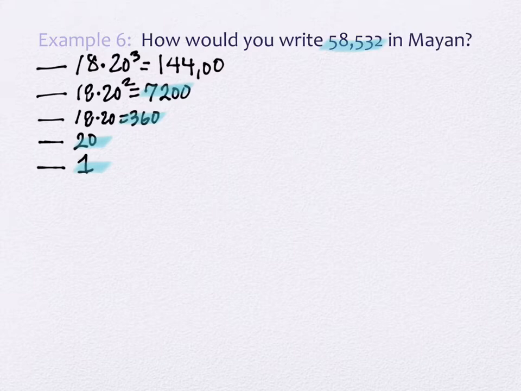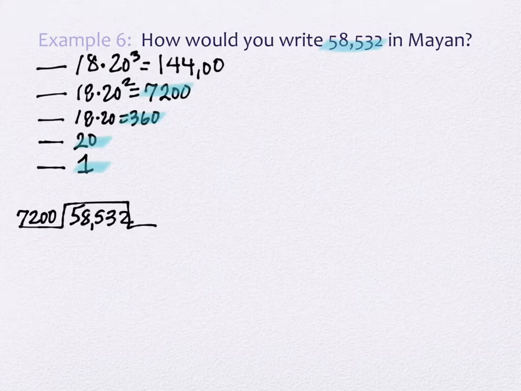And I call this a division algorithm. So we start with our 58,532. And we divide it by the biggest thing that will actually go into it, 7,200. Yep. So how many times will 7,200 go into 58,532?